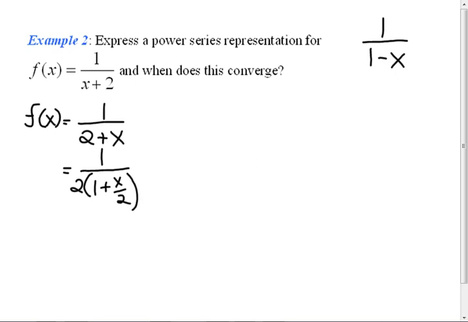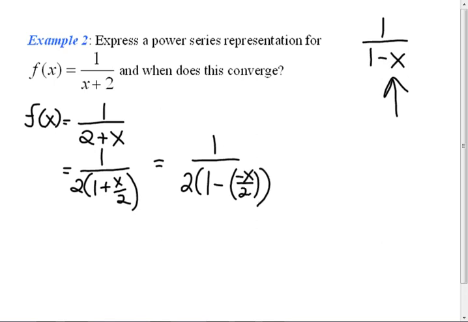Because I need to make it look like this. Once I make it look like this one that I know, then I can just substitute it into the formula, and I'll get the answer. So this is 1 over 2, and it's 1, and I have to have a minus sign next, and this is negative x over 2. See the trick? It's just a trick.